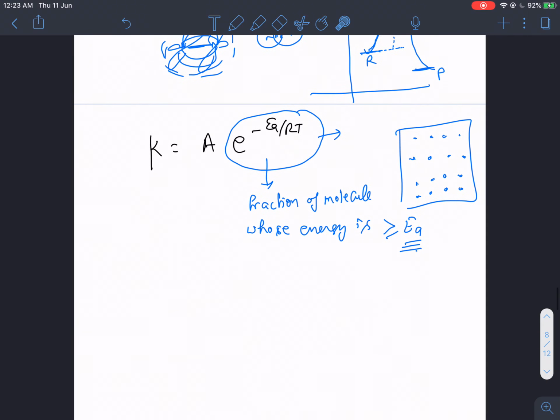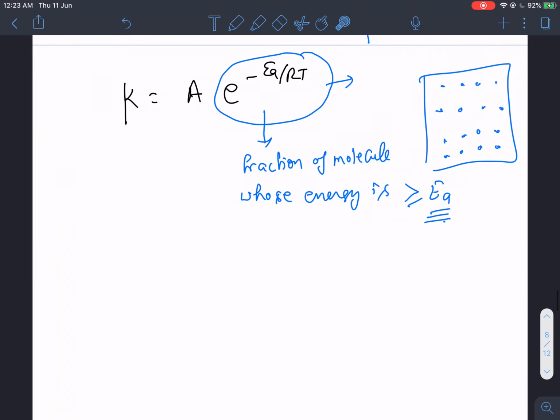Now let's discuss a little bit about how it varies with temperature for endothermic and exothermic reactions. One common mistake that students make is that they say if the temperature is increased, the rate constant increases for endothermic whereas it decreases for exothermic, but that is absolutely wrong.